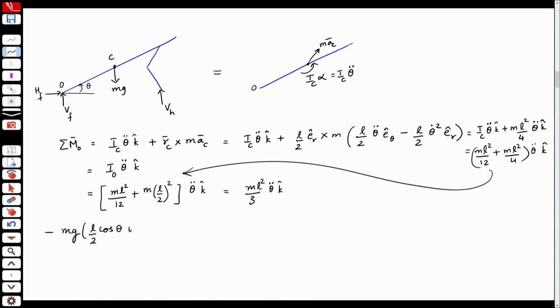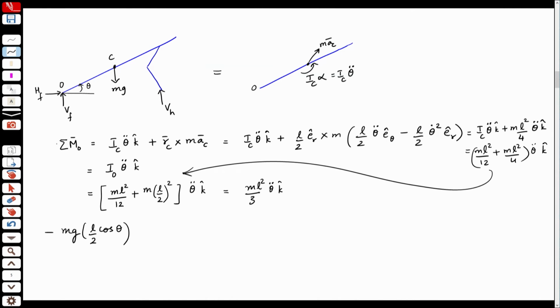Because it is a planar problem, I can remove the k.